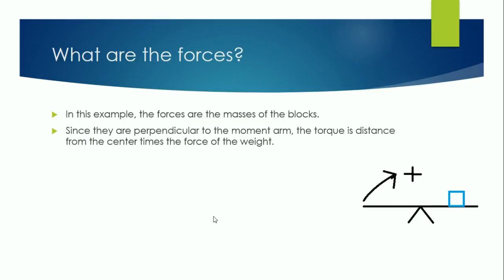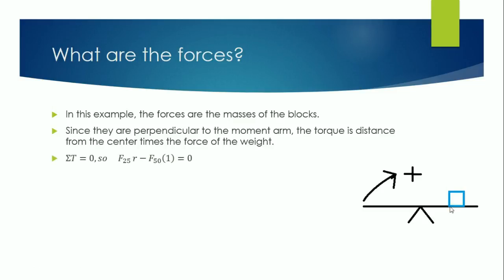Since they are perpendicular to the moment arm, the torque is the distance from the center times the force of the weight, which is mg. Since the angle is 90 degrees, we just multiply the weight, or mass times gravity, times the radius, or how far they are from the fulcrum.